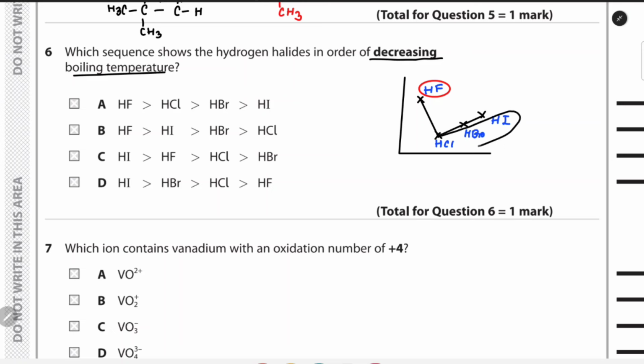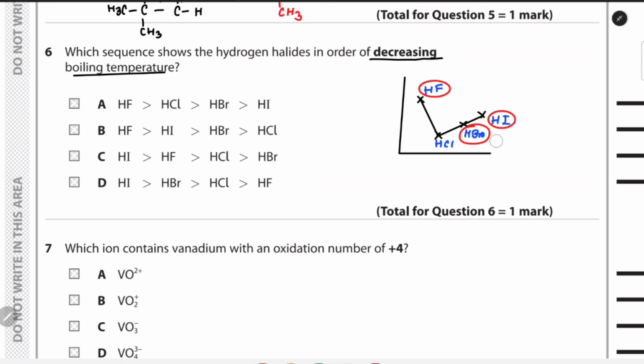Now from HCl to HI, in this trend, as we go down the group after HF, the intermolecular forces between them are permanent dipole forces and London forces. The permanent dipole forces across HCl, HBr, and HI are almost the same. However, if you think about the London forces, HI has the most electrons, followed by HBr and then HCl.